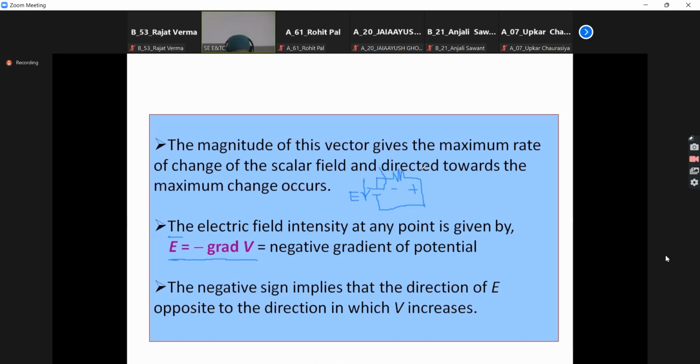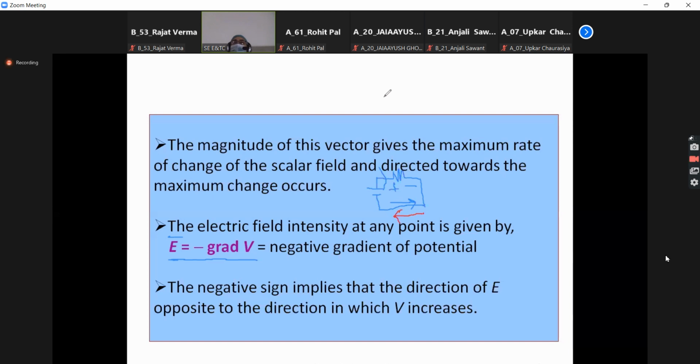Sorry, this should be positive, this positive and this negative. So let's erase. Okay, so how is my current flowing? Left to right. So current flows from higher to lower. So as you can see here, this is the direction of current, and this is the direction of the electric field, whereas your voltage is increasing like this. If you talk of rise in potential, rise in potential is in this direction, whereas electric field is in this direction. So electric field and potential are exactly in the opposite direction.